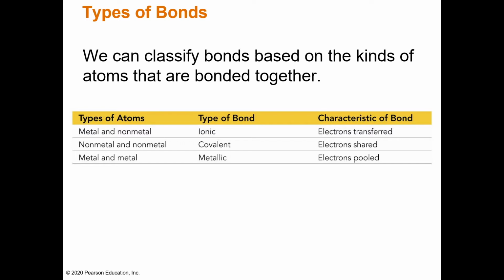If you're just looking at two nonmetals, then electrons are being shared, not transferred, and you're looking at covalent bonds. And if you're only looking at metals, well, that's easy enough. The type of bond is metallic and electrons are being pooled in that metal.